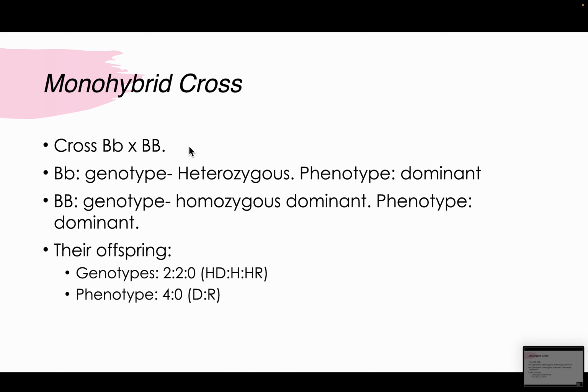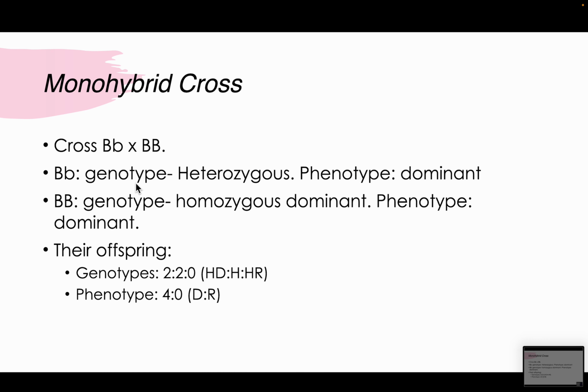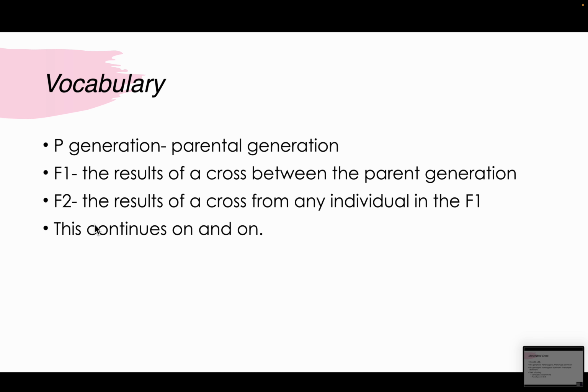It's just whatever they originally give you to cross. The F1 generation is going to be what comes out of this cross. So in this case, it'd be whatever individuals are coming here, their offspring. F2 would be the results if I crossed anything from the F1 generation, and then so on and so forth.